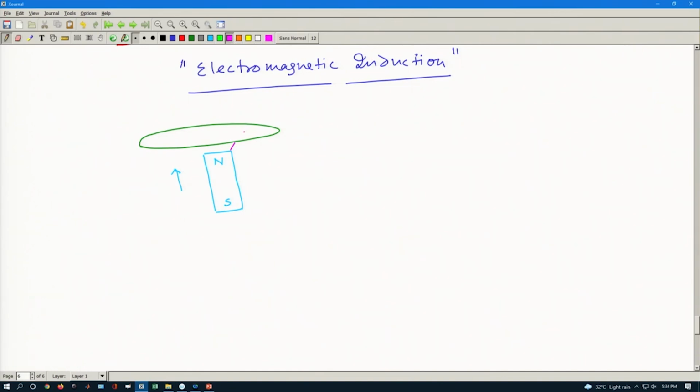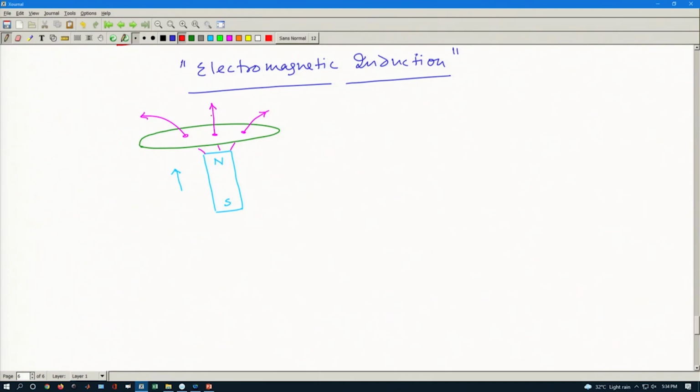Let us draw it this way. Suppose this is how the field lines cut the loop. There will be a change of the field lines, a change of the flux, and it will change with respect to time, because things are in motion.